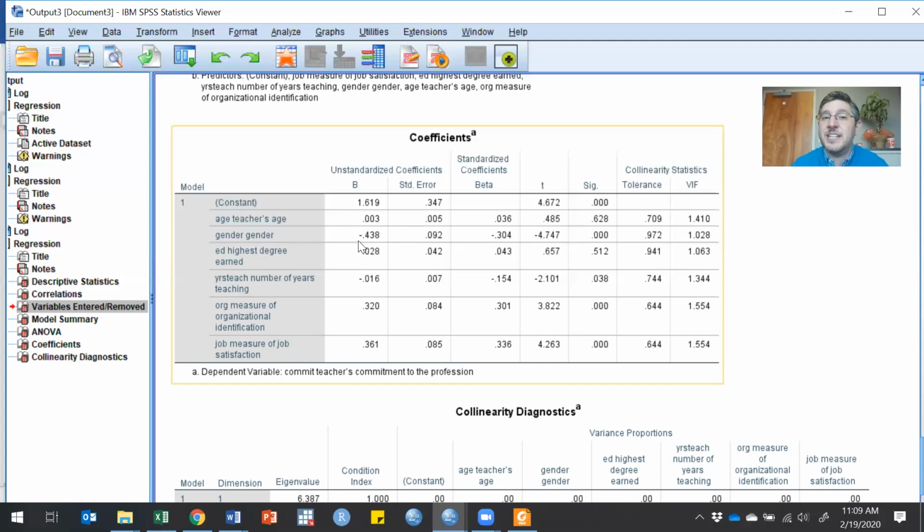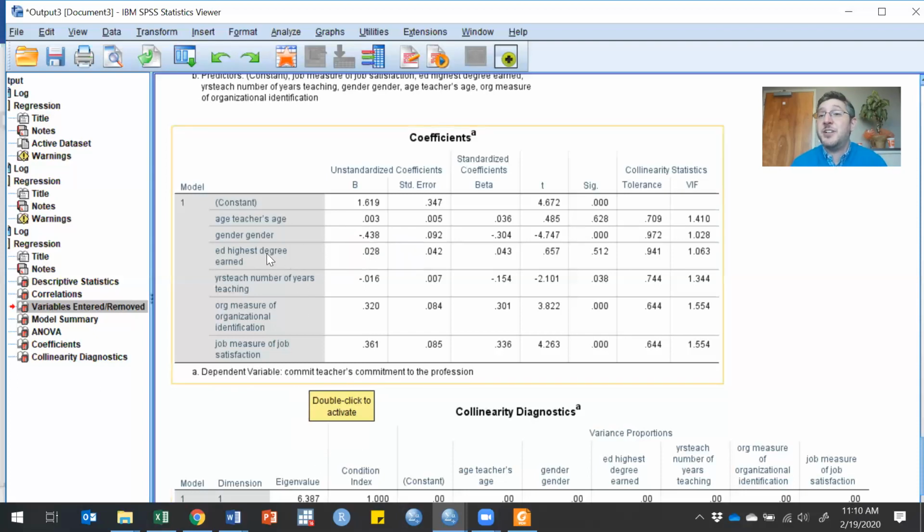Right now, this difference is in the raw metric of commitment to the profession. So we'd take the average of males, the average of females' commitment to the profession, and this would be their difference there.